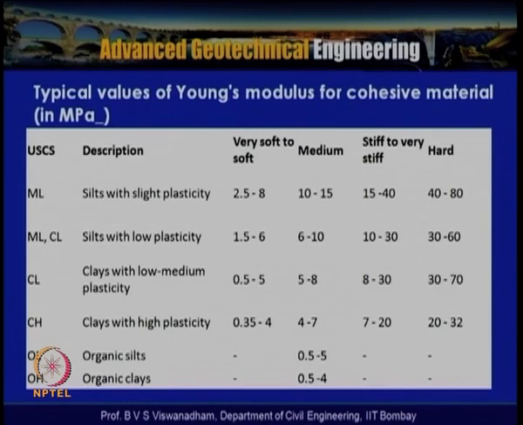So in these two slides we have seen the distinct difference for the different soils, where the values for gravel soils are very high depending upon the dense or loose conditions, whereas in case of fine grained soils or cohesive soils we have low values when they are in the very soft to soft state, and the values are higher when the same soils are in the hard state.